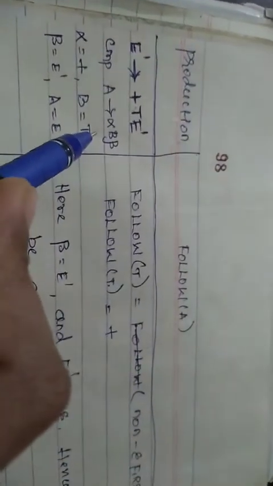Okay, what is my next production? The next production is E dash gives plus TE dash, to which I have to compare. Rule 1 is applicable only once, so I have to take rule 2.